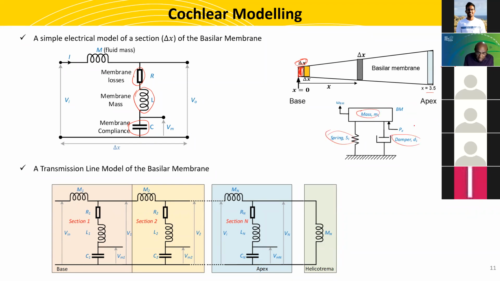Same thing. But as I explained earlier, on top of the membrane there are two areas of fluid, so there's fluid mass as well. So one small section can be represented by an inductor for the fluid, and then a resistor, inductor, and a capacitor.